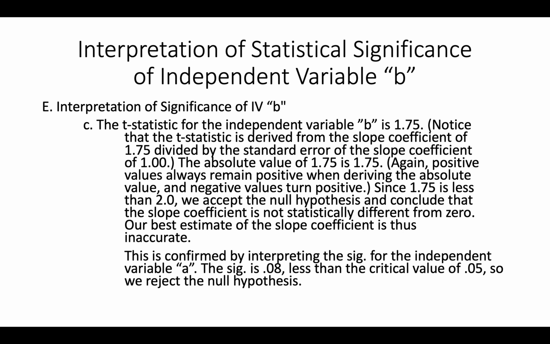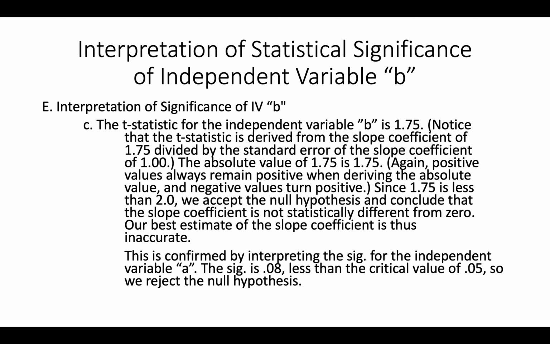And since positive numbers always remain positive in absolute terms, we simply interpret our t-statistic as 1.75. Since 1.75 is less than 2, we accept the null hypothesis and reject the alternative hypothesis, concluding that the slope coefficient is statistically no different from 0, and the true slope coefficient could well be 0.